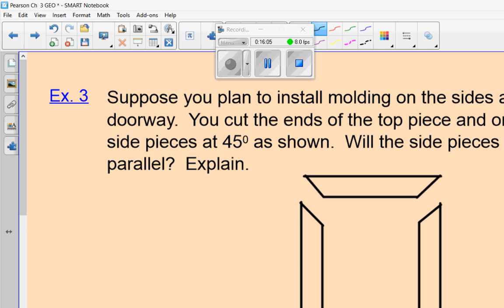You're going to install this molding that's going to go around the doorway, and I'm going to cut the top of each piece and one end of the side pieces at 45 degrees. And this isn't a really well drawn picture, but you're cutting with a special saw each end piece at 45 degrees. So when I take this corner and apply it to that corner, both of them are going to be 45 degrees.